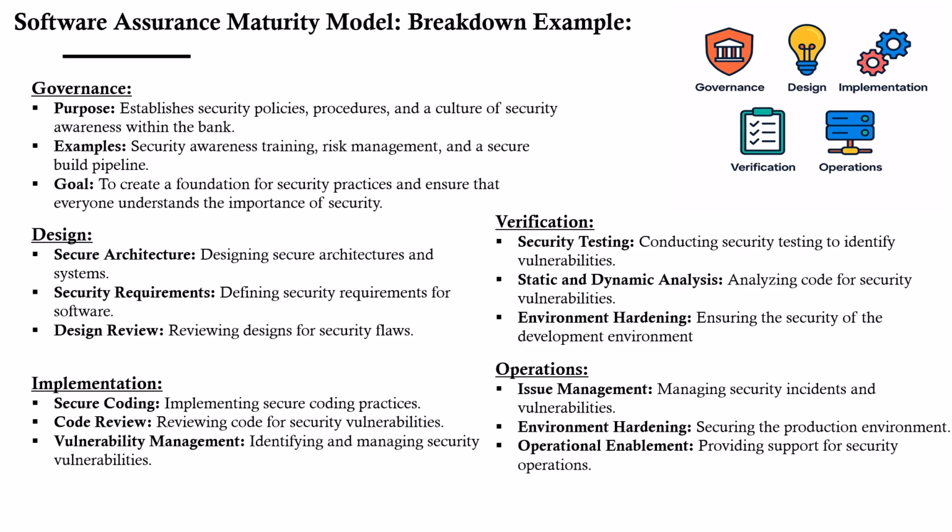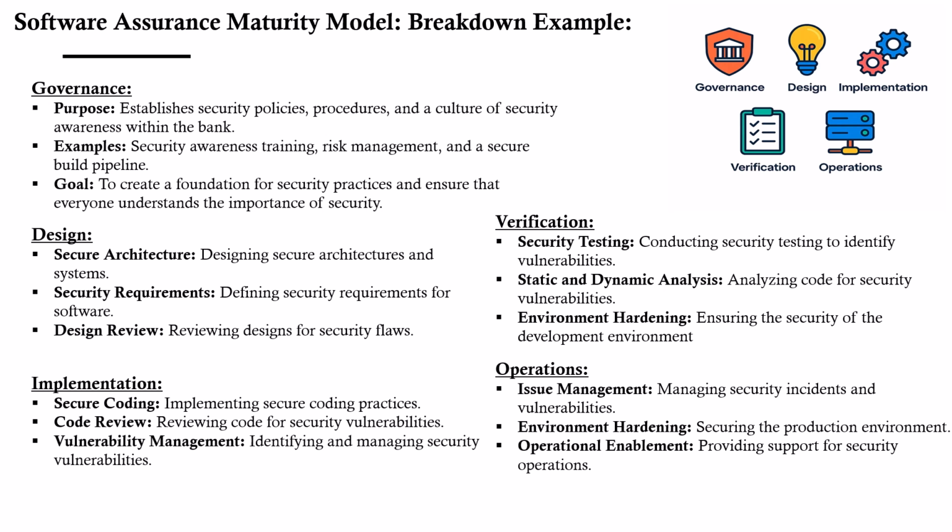Design function, we're going to secure our architecture, designing secure architectures and systems. Our security requirements, we're going to define security requirements for our software. We're going to do design review, reviewing design for security flaws. Implementation: secure coding practices, code review, reviewing code for security vulnerabilities, and vulnerability management, identifying and managing security vulnerabilities.